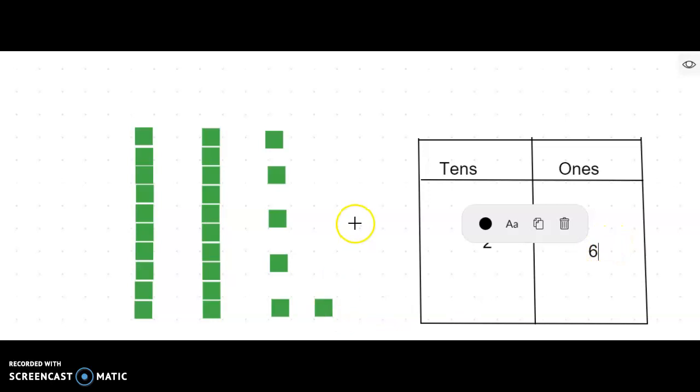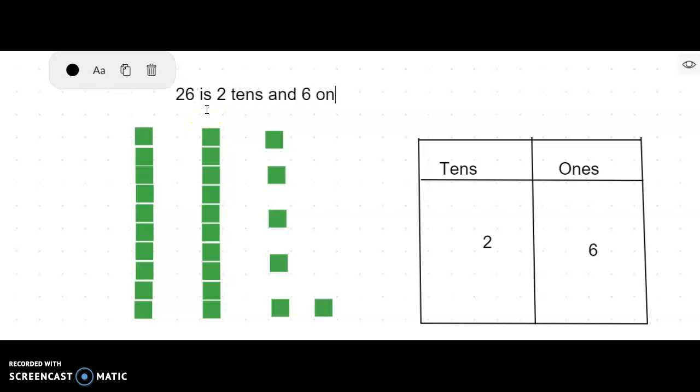I'm going to put that in the place value chart too. All right, so I have 2 tens and 6 ones. What number does that mean I have? 26. That's right. 26 is 2 tens and 6 ones.